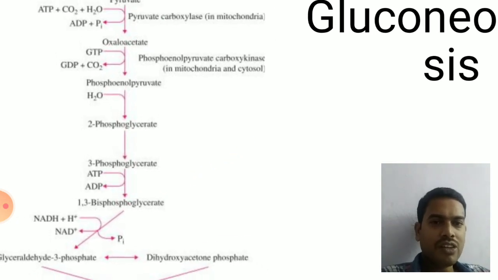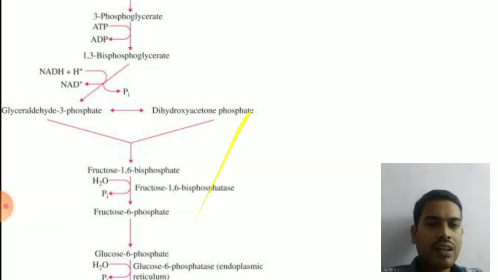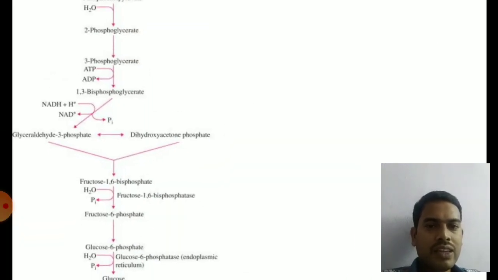So that means reversal of glycolysis. PEP will be converted into 2-PGA, 2-PGA into 3-PGA, 3-PGA to 1,3-bisPGA. And the trioses again will combine to form fructose 1,6-bisphosphate. Now this fructose 1,6-bisphosphate will be cleaved.